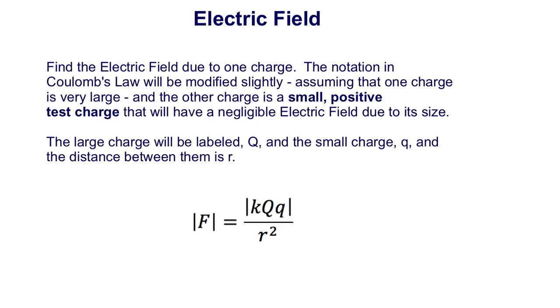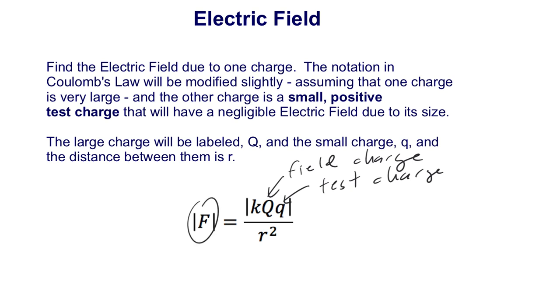So here's Coulomb's law again. The big Q stands for the field charge, and the little q stands for the test charge. And of course, F is the electrical force between them, the Coulomb electrostatic force between the field charge and the test charge. R is the distance between them squared.